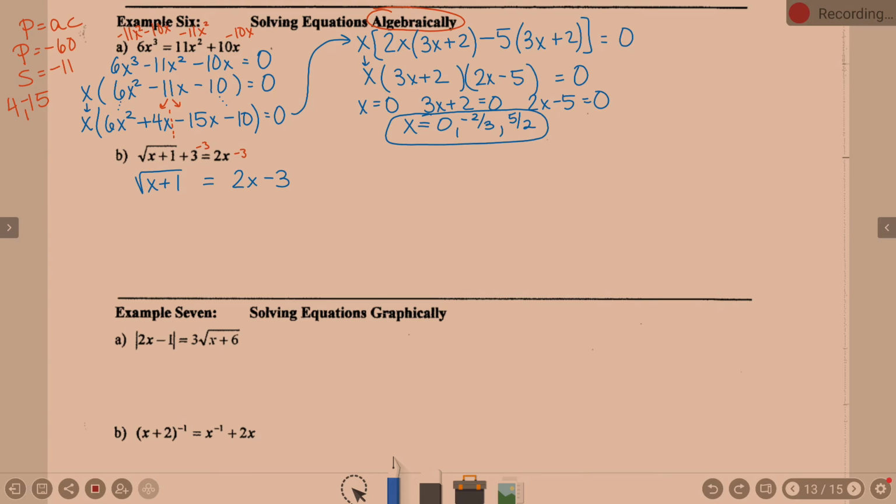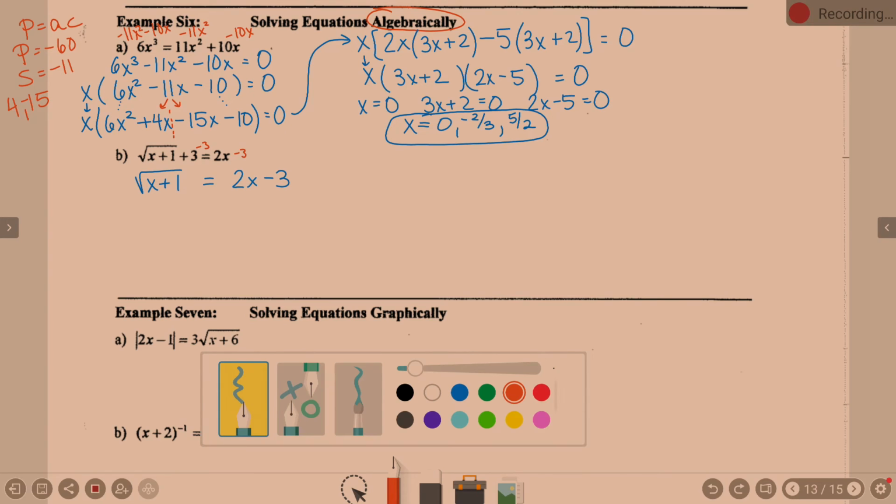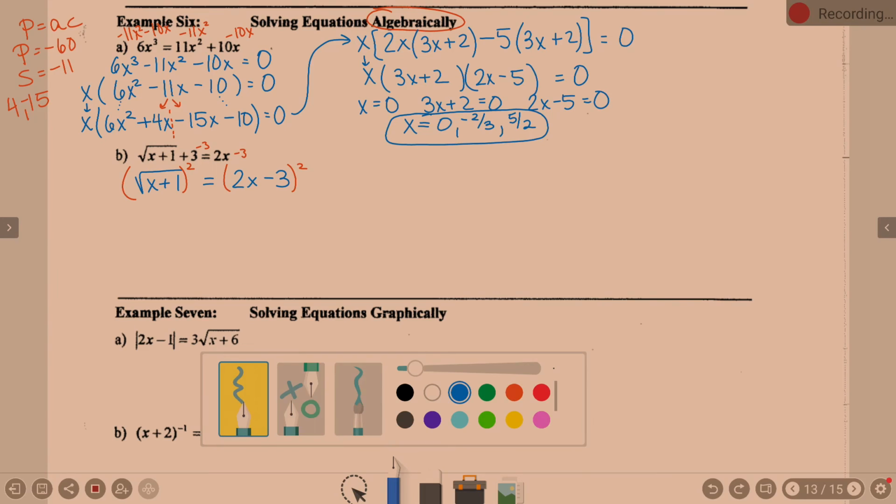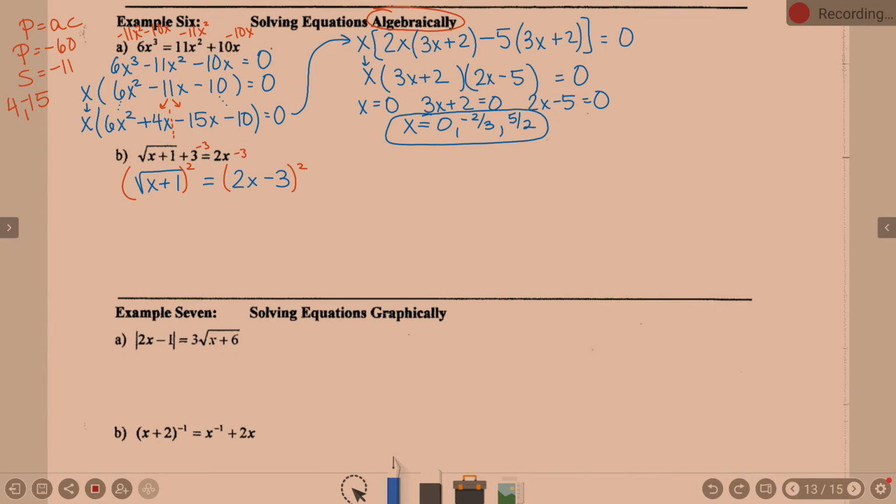Now that the radical's by itself, we can square it. If we square the left, we're going to square the right. What is the square root of x plus 1 squared? X plus 1. What is 2x minus 3 quantity squared?